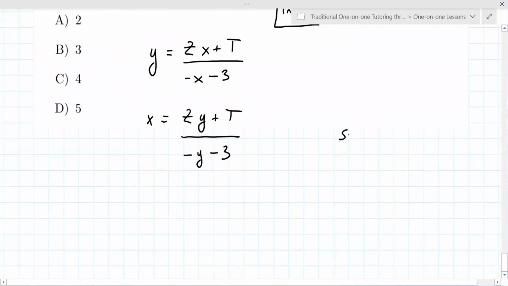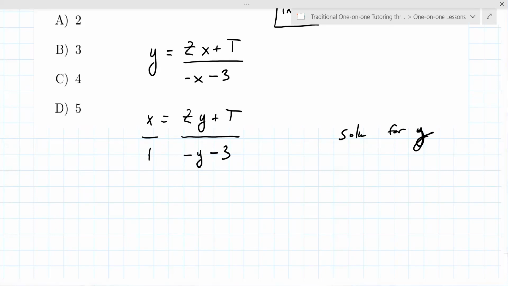All right, so now the goal here is to solve for y. Any idea how to proceed from this step? You want to get y out of the fraction. Well, we definitely need to get it out of the bottom here.